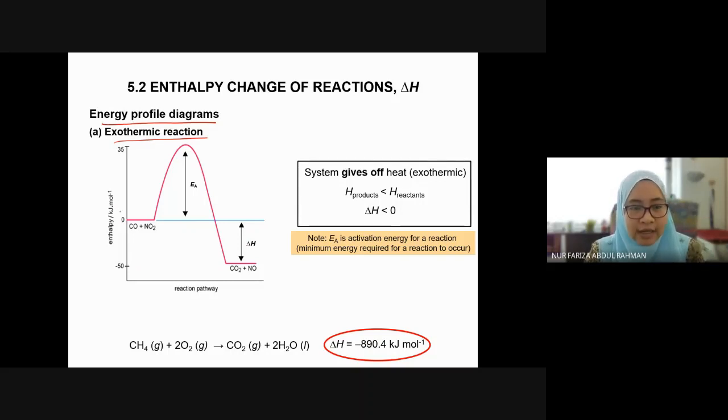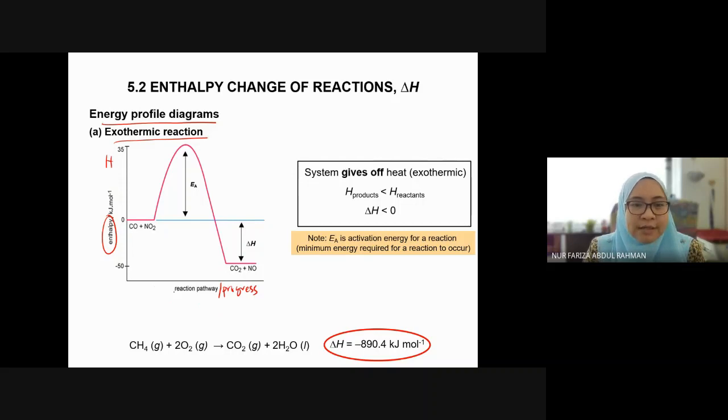Okay, alright. So the correct labelled axes will be awarded 1 mark. Okay, 1 mark will be awarded for the correct and well-labeled axes. So the y-axis should be enthalpy, or you can also put H. For the x-axis, it should be reaction pathway or reaction progress.